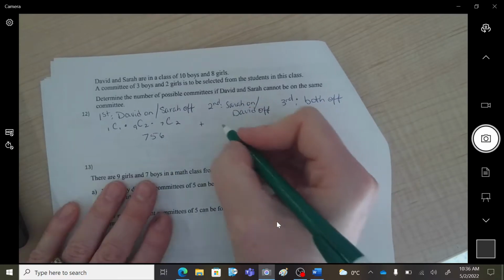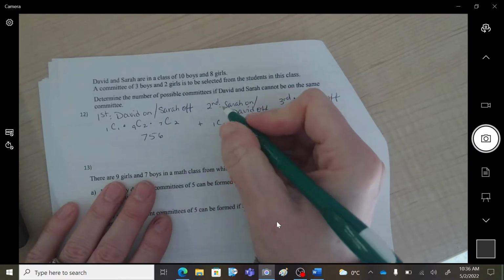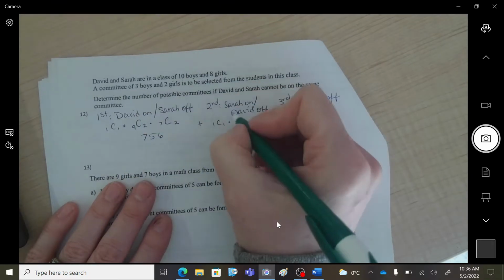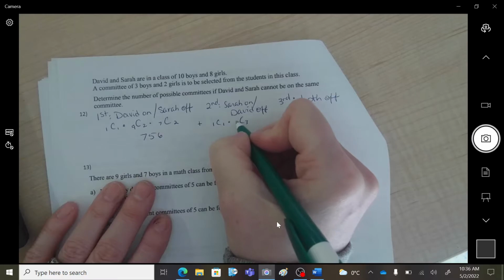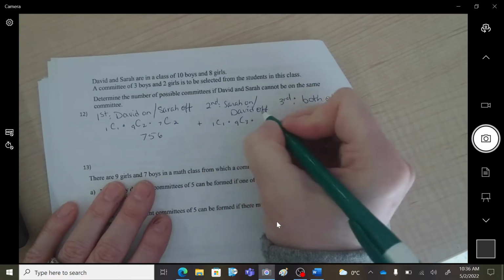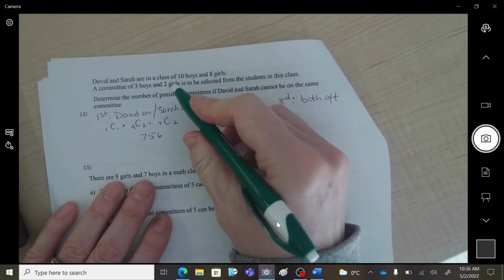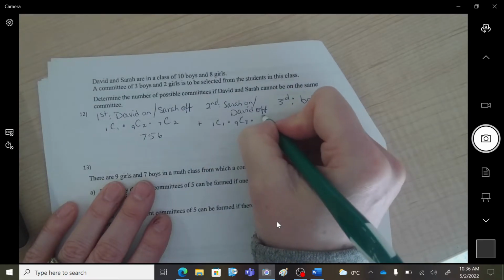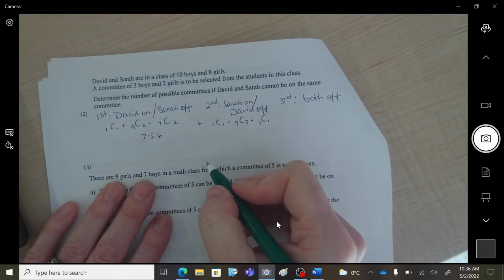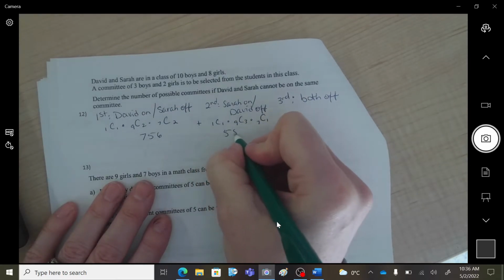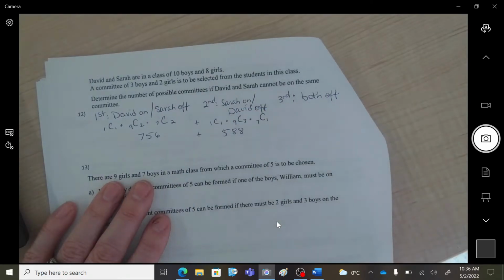Plus, so Sarah's on, so Sarah choose Sarah. I need 3 boys, so I gotta choose 3 boys. I only have 9 selections because David I can't. And I need 1 more girl because Sarah's already on, and I have 7 left to choose from. So that makes 588 in my calculator.